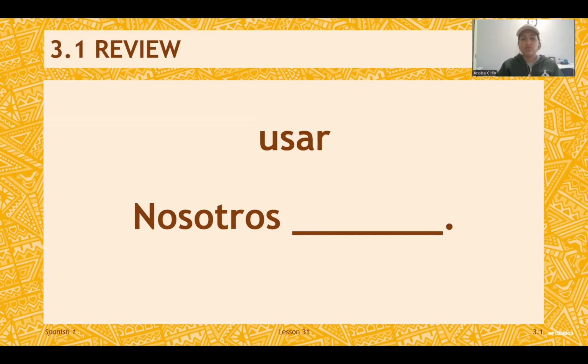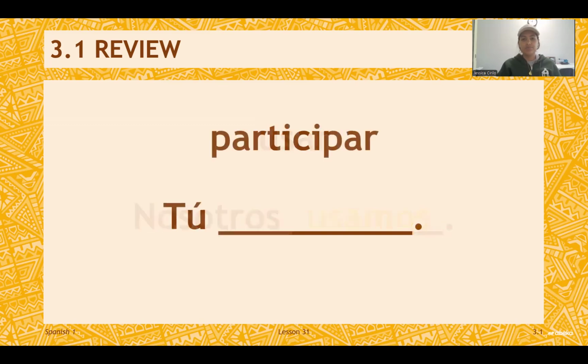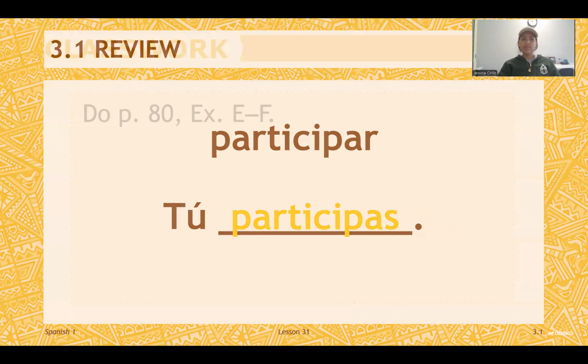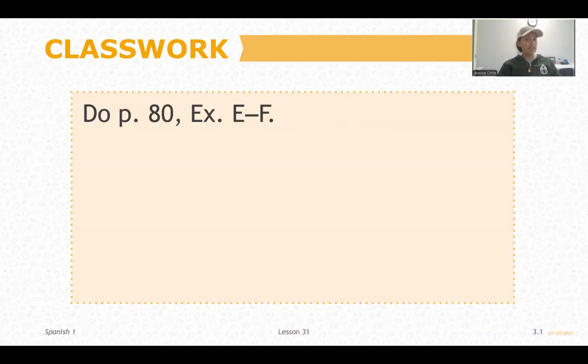So nosotros usamos. Participar, we did this already. For tú, it has to end in AS. So tú participas. Now you're going to do page 80, exercises E and F, okay?